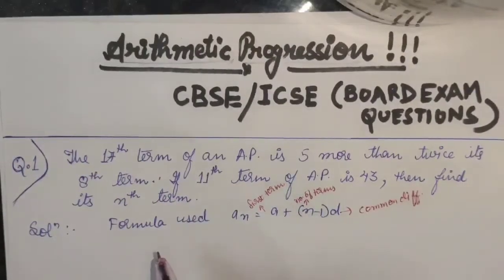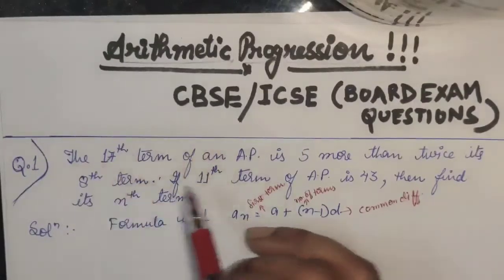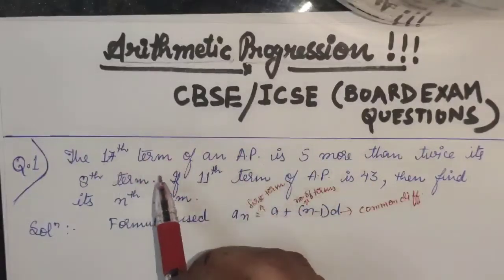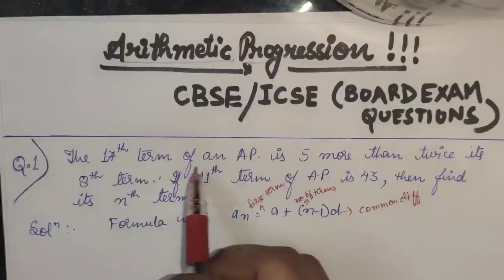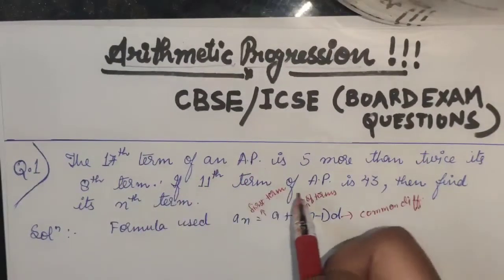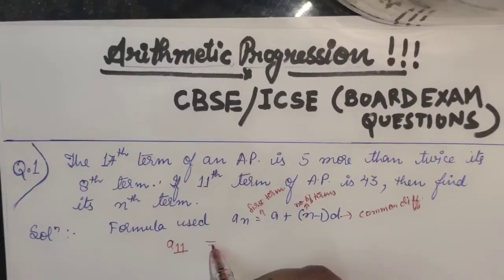So first of all I will convert these alphabetical sentences into the mathematical form. So 17th term of an AP is 5 more than twice its 8th term, and 11th term of an AP is 43. So you can easily write A11, A11 means 11th term, is equal to 43.